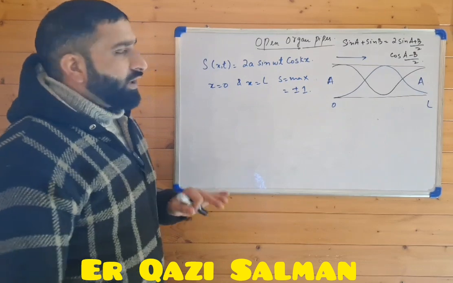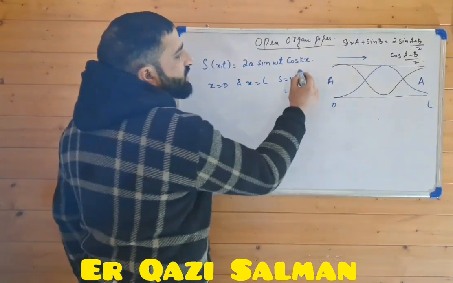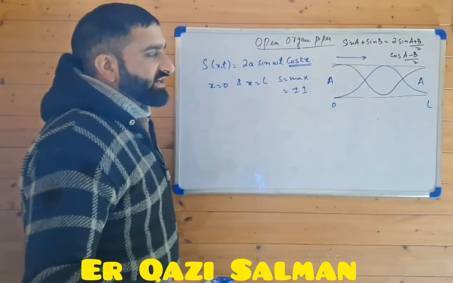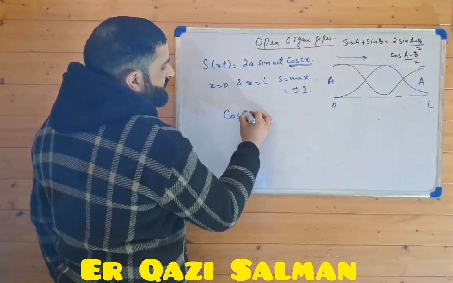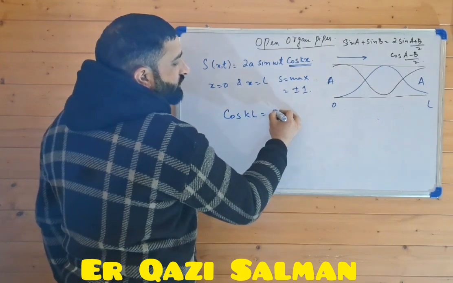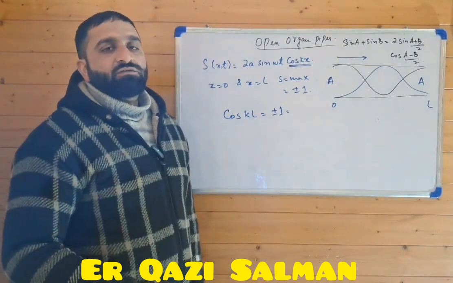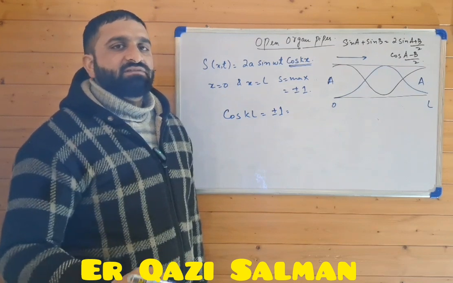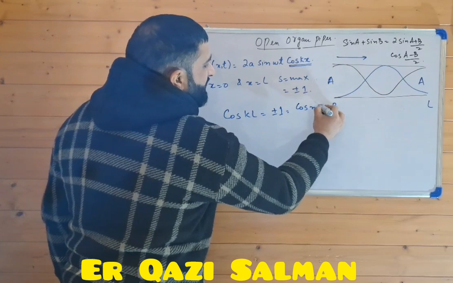So in order that S should be maximum, this cos kx should be maximum. Putting in this equation, we have cos of kL equal to plus or minus 1, and we know that the value of cos theta is plus or minus 1 when theta is an integral multiple of pi. That means it is equal to cos of n pi.